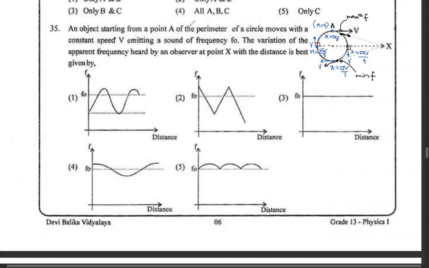Yeah, looks like the fourth one is the best choice out of these, no? Fourth one is the best choice because maximum, then F naught, minimum, then F naught again, and maximum. But at A, how can it be maximum? That's the problem.